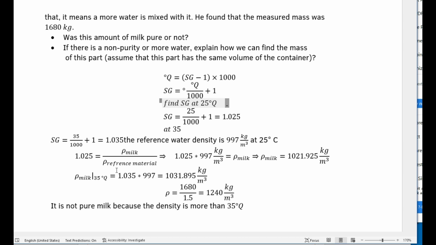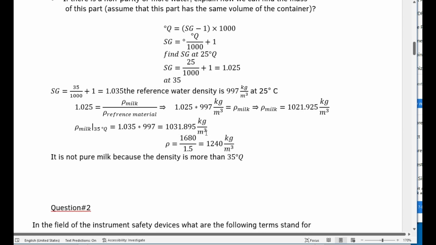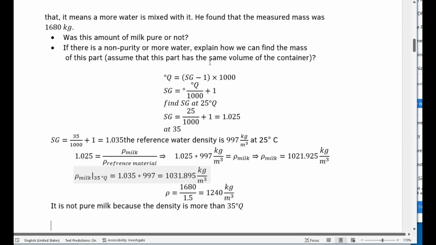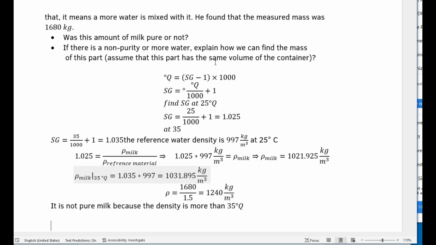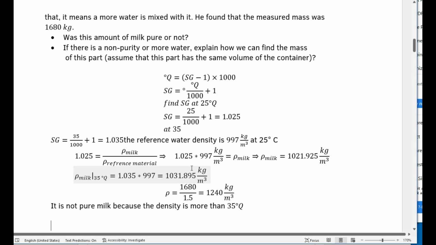Okay. And how can you find the mass of this non-pure part? He says to assume that this non-pure part, this additional mass above the milk, has the same volume as the container in order to make the calculation easier. So I know that my maximum density for pure milk should be 1031.89.